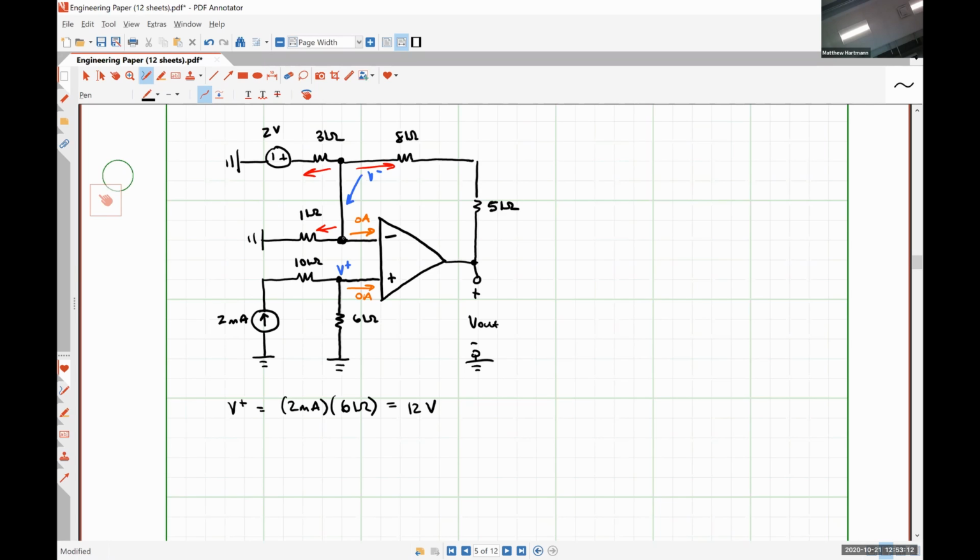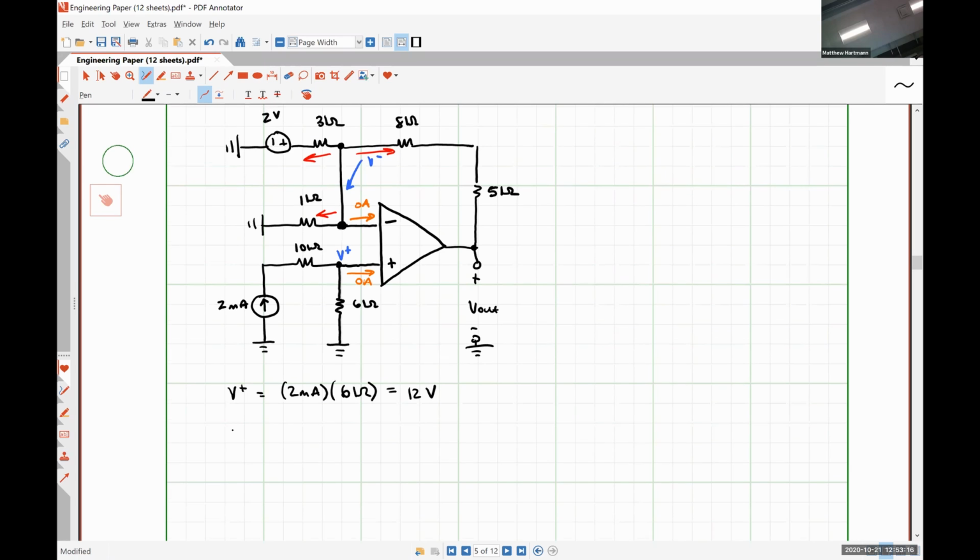Okay, so we're going to have 12 volts divided by 1 kilo ohm. What is the current flowing to the left through the 3 kilo ohm resistor? Will it be 12 divided by 3? 12 minus 2 divided by 3.